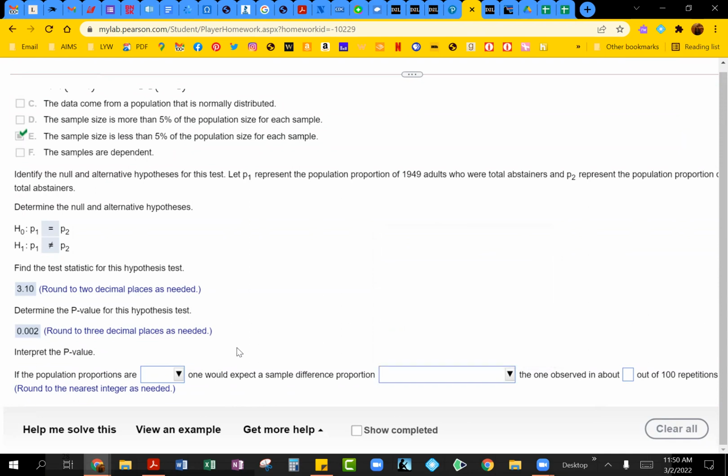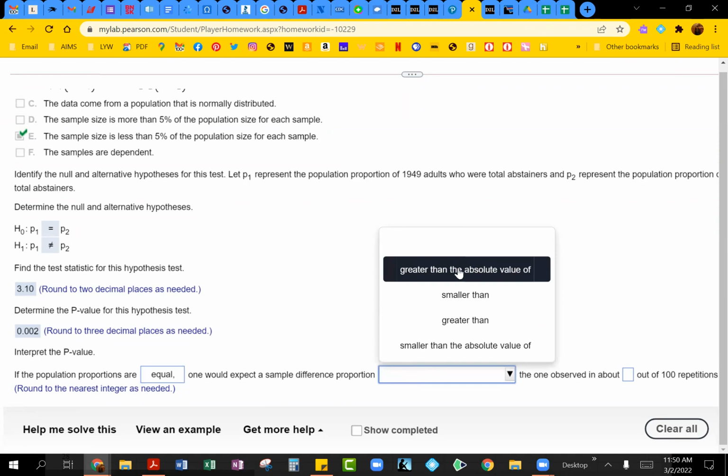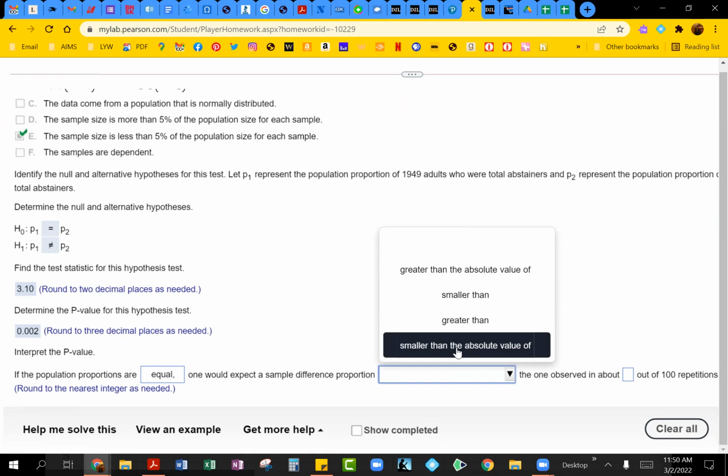So what this basically says is that if your two population proportions are equal, remember the population proportions we're talking about are the people in 1949 who said they were total abstainers, and the people in the recent survey who said they were total abstainers. So those are the population proportions we are comparing. So basically we're saying if the two population proportions are equal, then one would expect the sample difference proportion. And what do you think? Should this be greater than or smaller than?